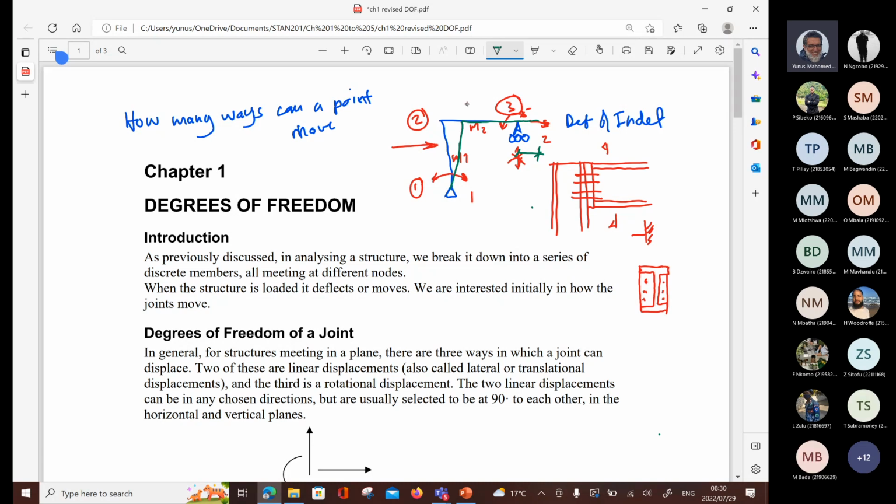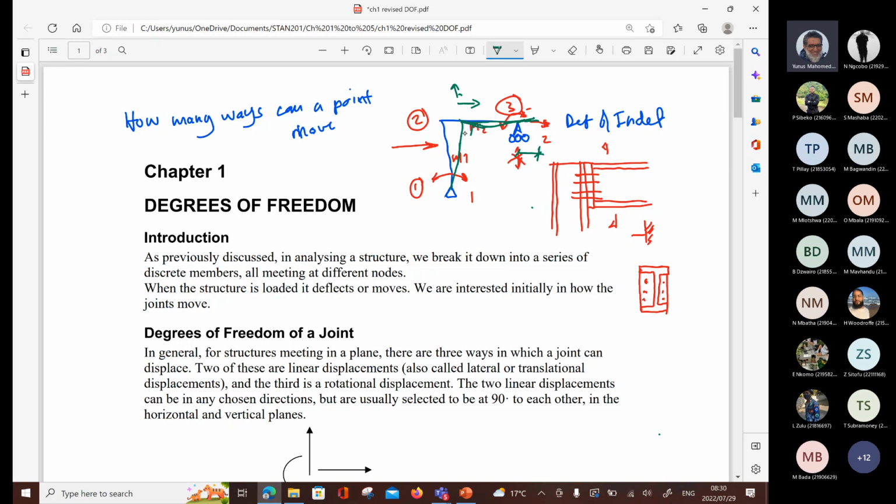So this thing has 3 possibilities. It's going to move horizontally. It can move vertically. There's nothing preventing it. There's no support there. And it can also rotate, and you see that it rotates. So it's going to do something like that. Are you following what I'm saying?